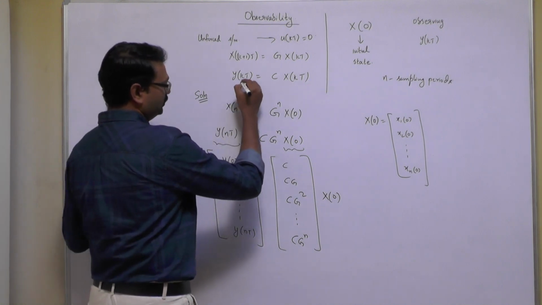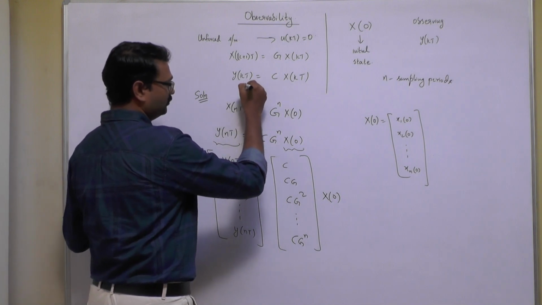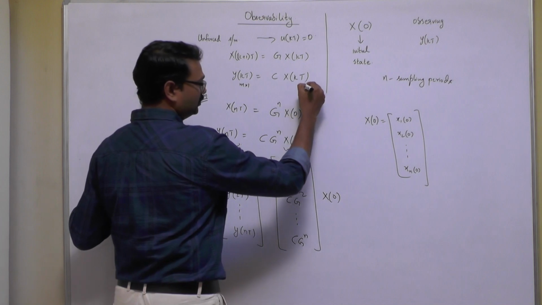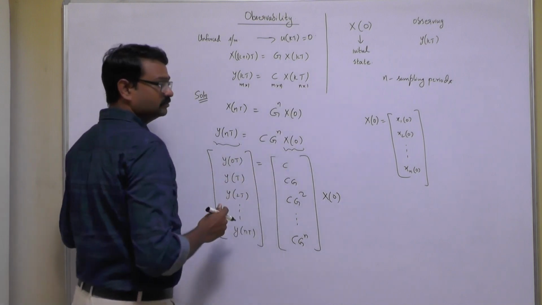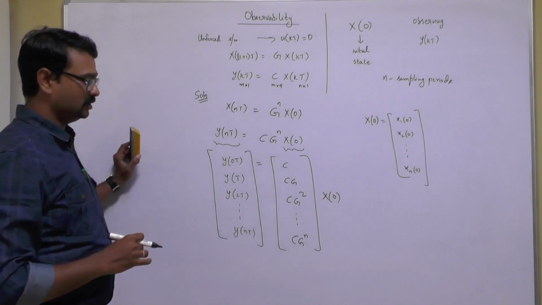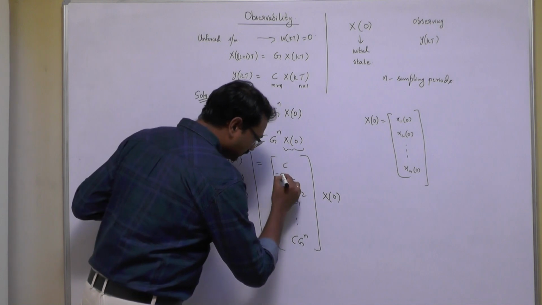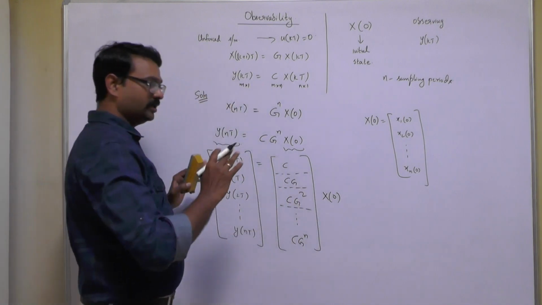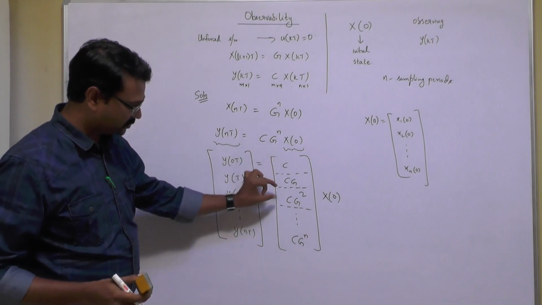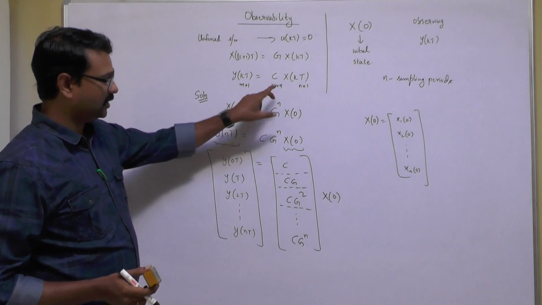Because if this is an m by 1 vector, and this is an n by 1 vector, and C is an m by n matrix, it has both rows and columns. Therefore, you can find out all the values. So you are separating this. All these are matrices, right?